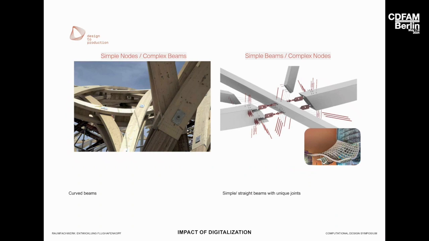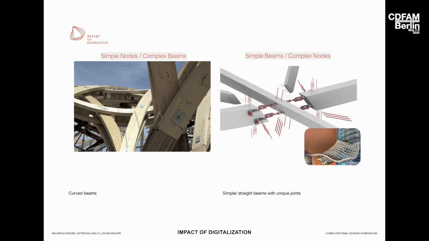That development in terms of fabrication has also enabled the construction industry to create really precise beam joints, due to which we can actually create those complex beam connections and complex nodes in an economical way.